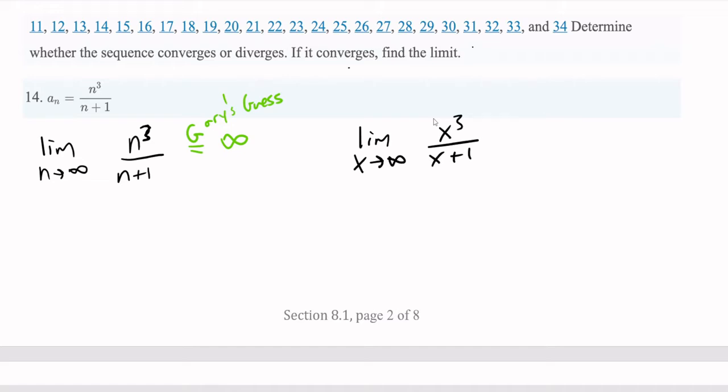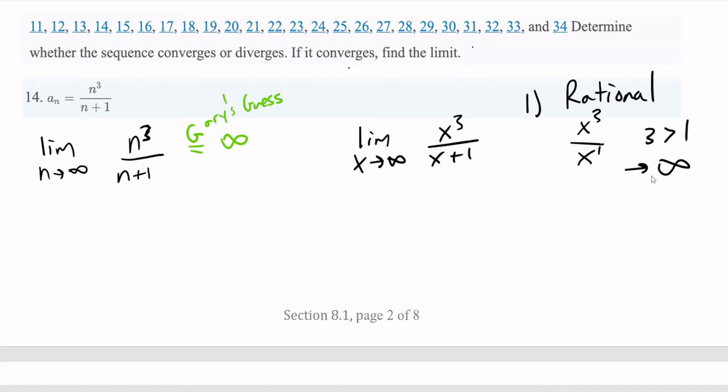All right. So if I can talk about this limit, I can talk about this limit. Now, how do we talk about this limit? We have so many ways of doing this. Way number 1, this is rational, so all I have to do is take the highest power on top and compare to the highest power on bottom. 3 is bigger than 1, so this goes to infinity.